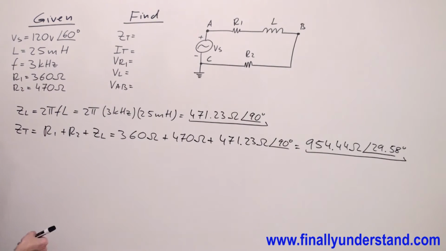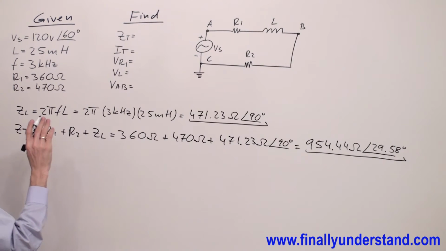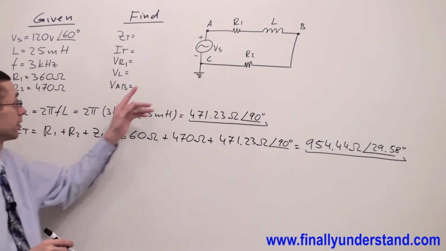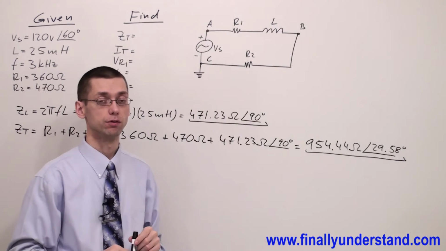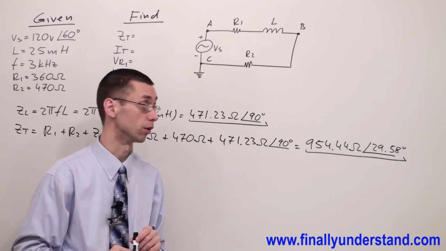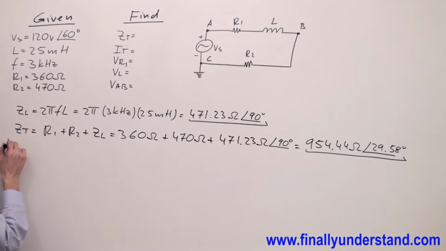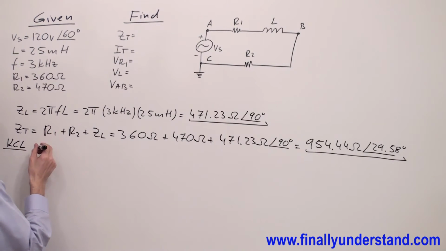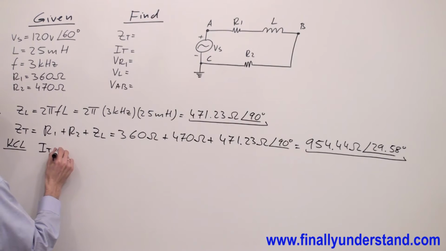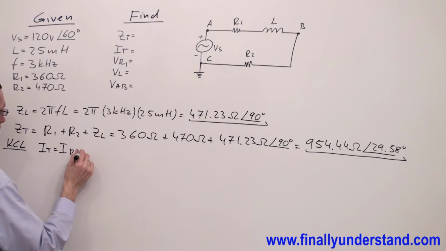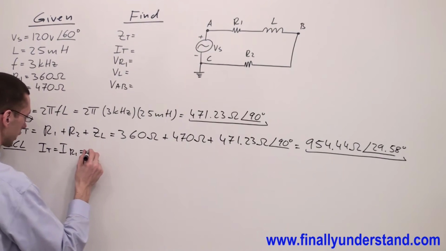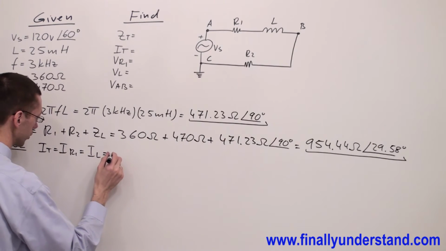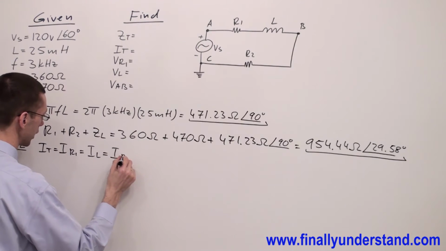Next, we're supposed to find I total. Let me remind you that this is a series circuit. In a series circuit, the current at every single point of the circuit is always the same. That's why KCL for a series circuit, in our problem, is I total equals IR1, which equals the current which goes through the inductor, IL, and this is also equal to the current which goes through resistor R2.